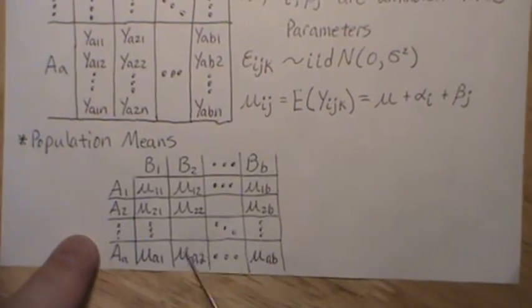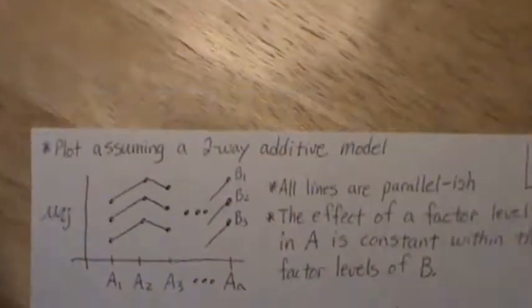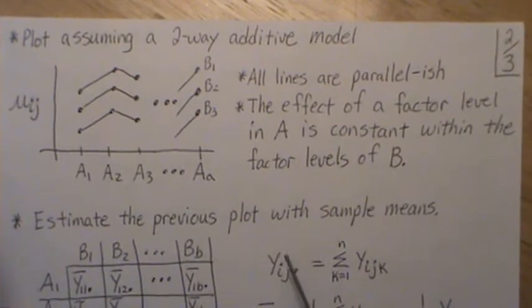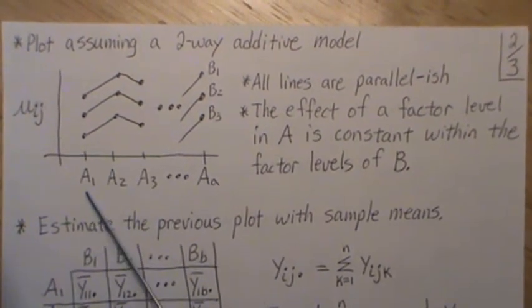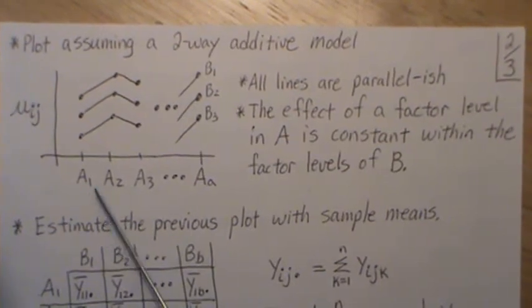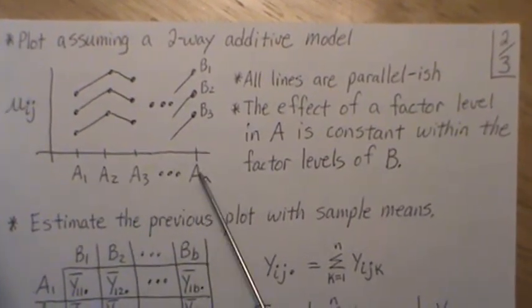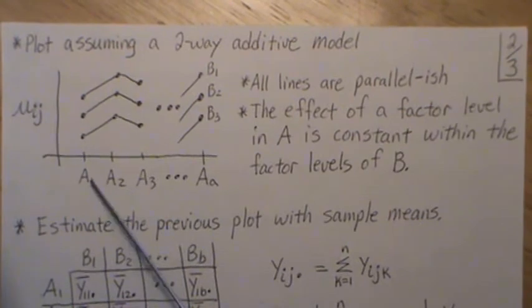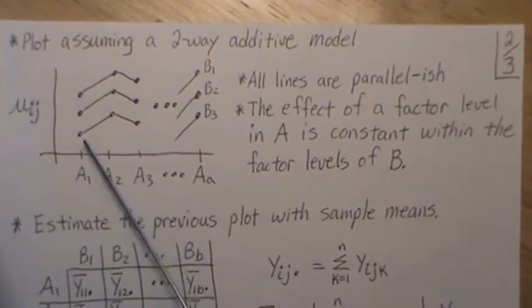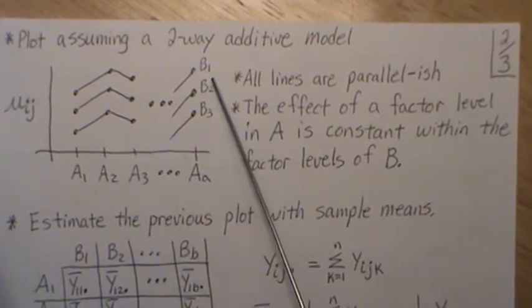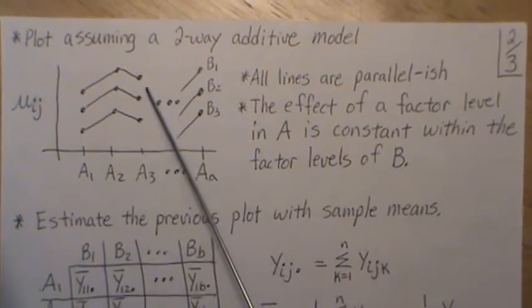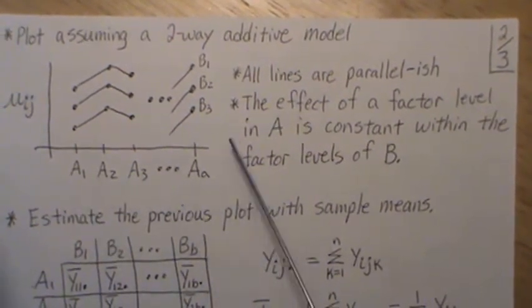And then let's plot these, assuming a two-way additive model. We have each level of A across the x-axis, and for each level we plot the means for the levels of B. Then within each level we join them with a line.